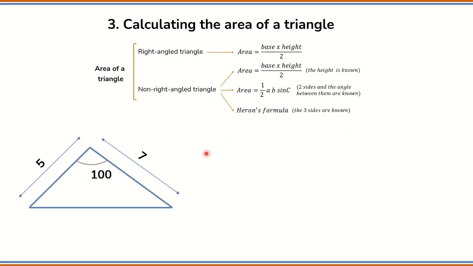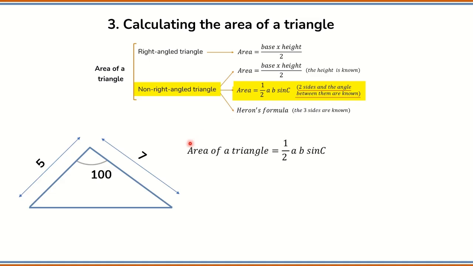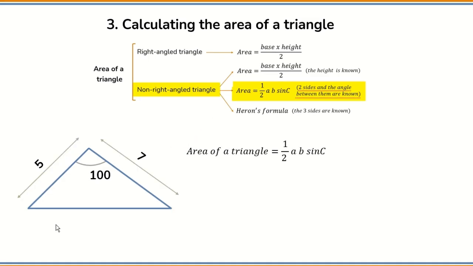Example 3. We have to calculate the area of this triangle. It's a non-right angle triangle, and two sides and the angle between them are known, so we can apply this formula. First, we are going to label the parts of the angles.